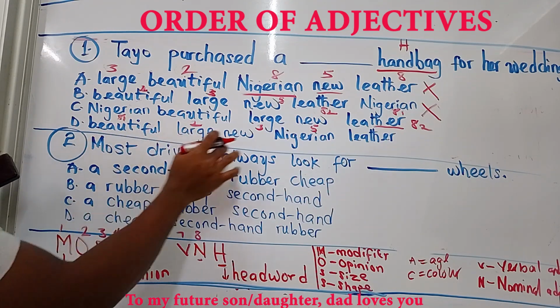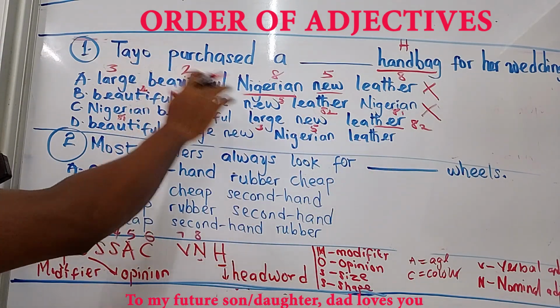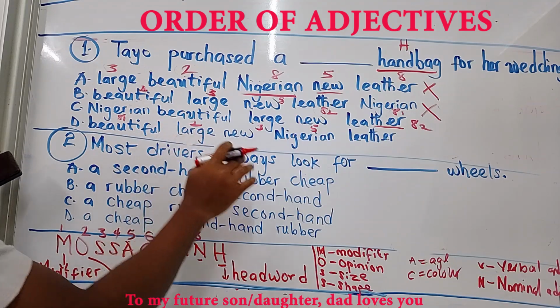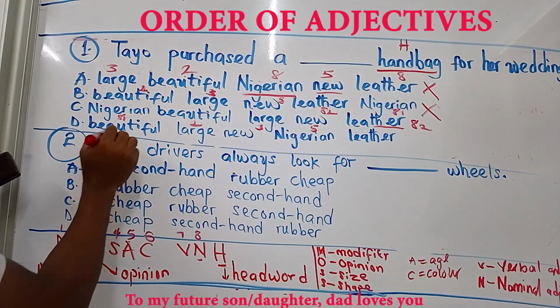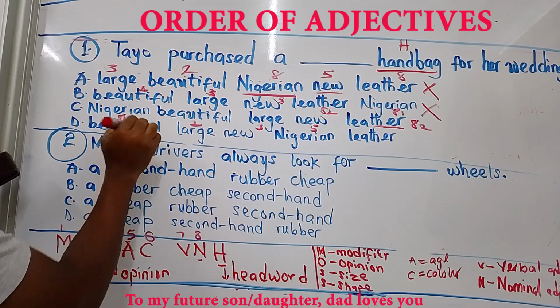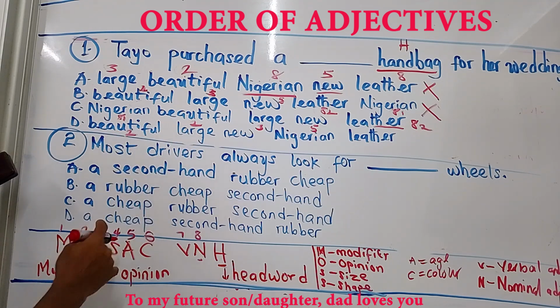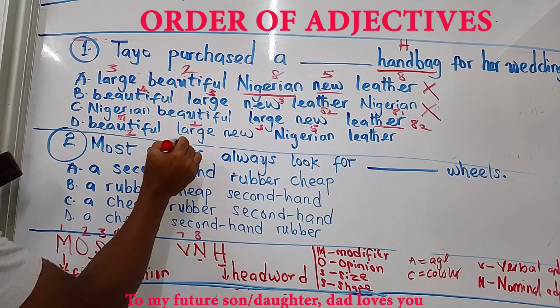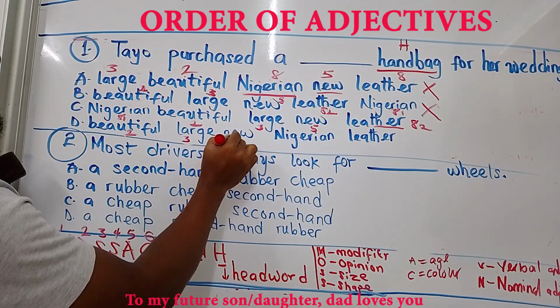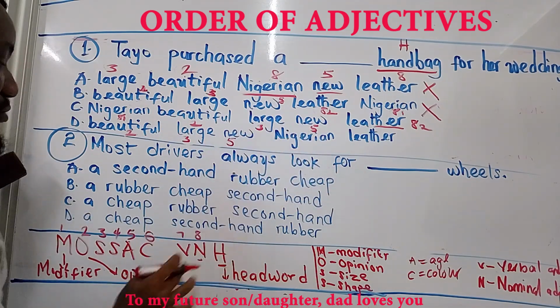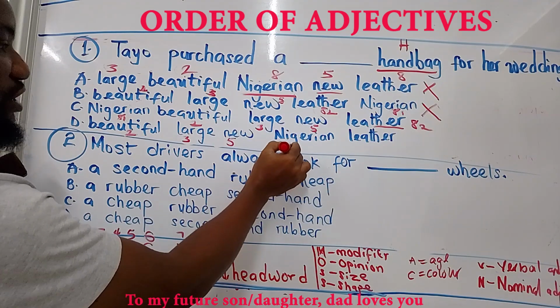Let's check option D. Option D is talking about beautiful, large, new Nigerian leather. Tayo purchased a beautiful, large, new Nigerian leather bag. Let's see. Beautiful is talking about opinion, which is 2, right? We have large. Large is talking about size. Size is 3. New is talking about age, which is 5. Then we have Nigerian, which is 8. That's the origin.